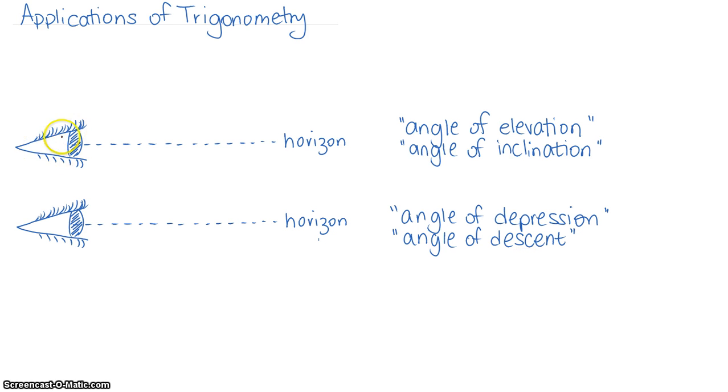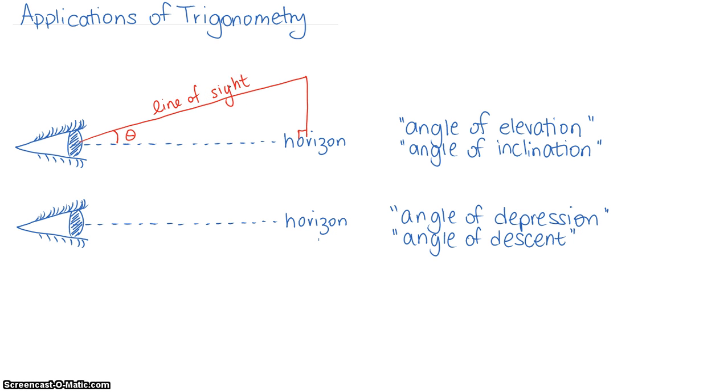Now this is my lovely little eyeball, and I'm looking straight on the horizon. If I say an angle of elevation, my line of sight means that I am going to be looking up. So this here is my angle of inclination, and it makes a right angle triangle with the horizon. This is referred to as my line of sight.